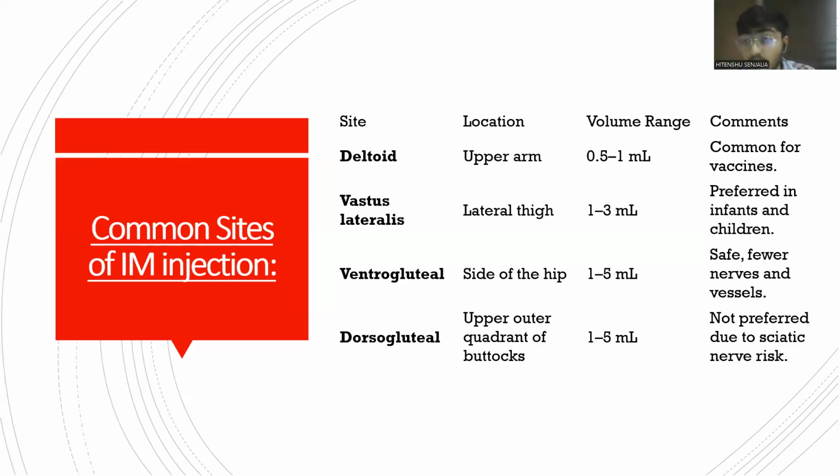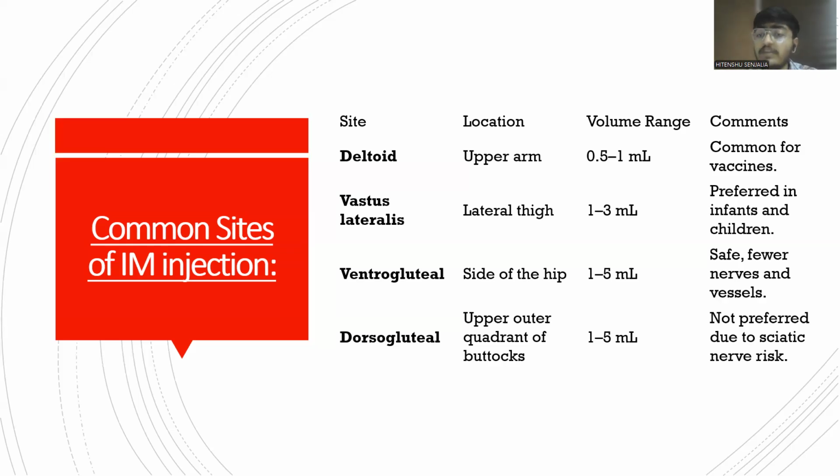The ventrogluteal is the side of the hip. The volume range is 1 to 5 ml, and it is safer with respect to nerves and vessels. We have to check the nerves and vessels first to avoid any injury to the nerves, so we give at the ventrogluteal, the side of the hip. Now the dorsogluteal is located at the upper outer quadrant of the buttocks.